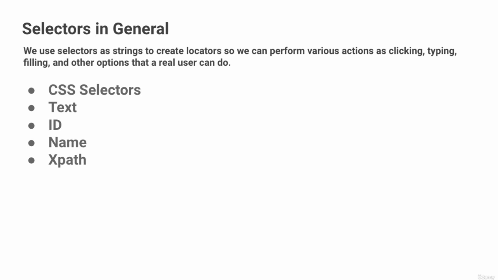We can select locators by text, by name, and by XPath. I may have a separate video just for XPath, because sometimes when we want to create complex locator strategies, the CSS selectors are not enough.